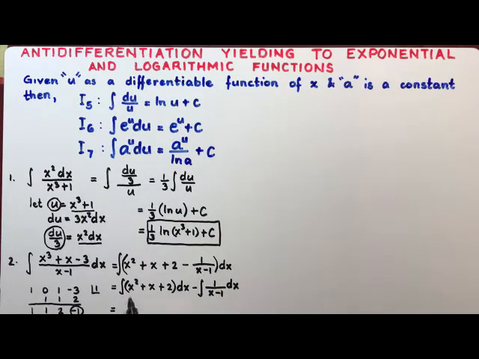So I can integrate x squared using the power rule in the previous video, and that's formula number 4. That's x cubed over 3. And the integral of x is x squared over 2. And the integral of 2 is 2x.